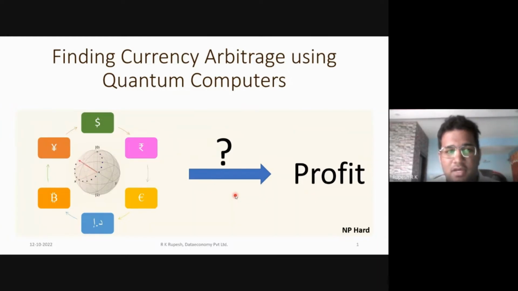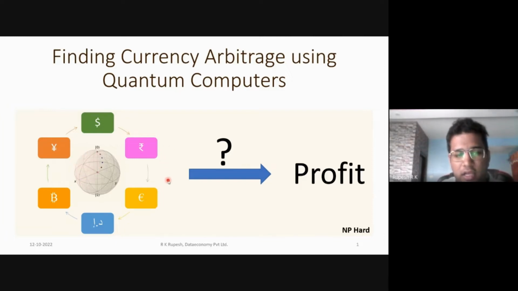So the topic I'm going to be talking on is finding currency arbitrage. But what exactly is this? Essentially, we have all these different currencies from different countries, and when we start to trade one currency for another, usually there is only a loss because of transaction charges.